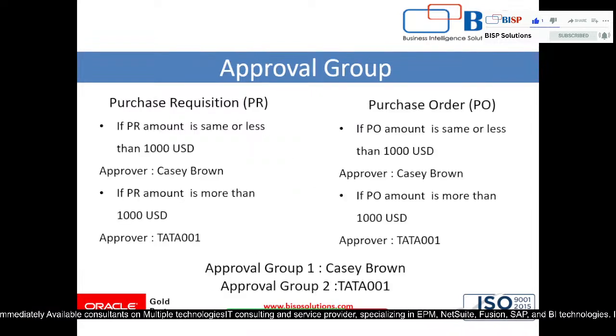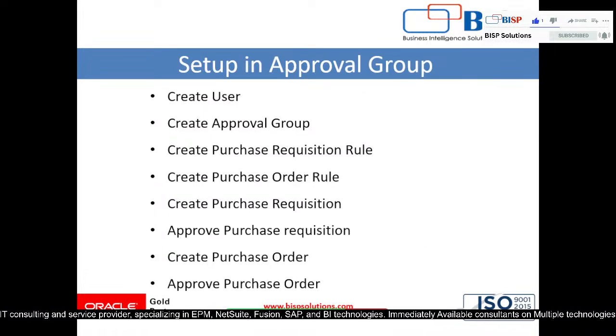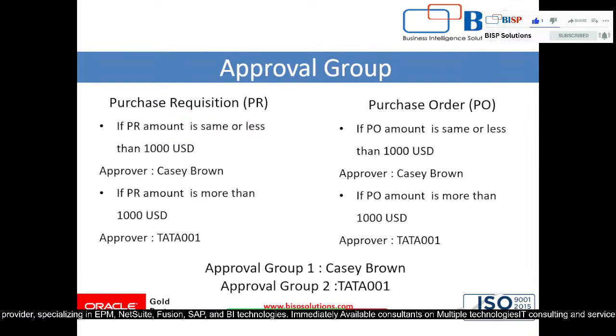Right. So we have already created the approval group, the user, the KC Brown we have already created, but we don't have the Tata 001, right? So first we will create the user Tata 001. After that we will create the groups, right? In first group we have the KC Brown.